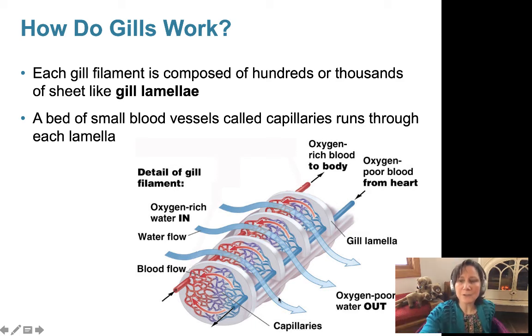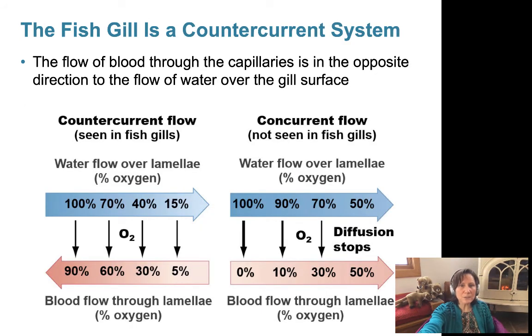And there's another way to actually show that to you. If you look here on this left-hand side, this is countercurrent exchange. So this is water flow over the lamellae, and it's showing percent oxygen. So when it first reaches the gill lamellae, there's 100% oxygen, right? And then as it's flowing across, that oxygen percent is going to decrease naturally. This is blood flow through the lamellae.